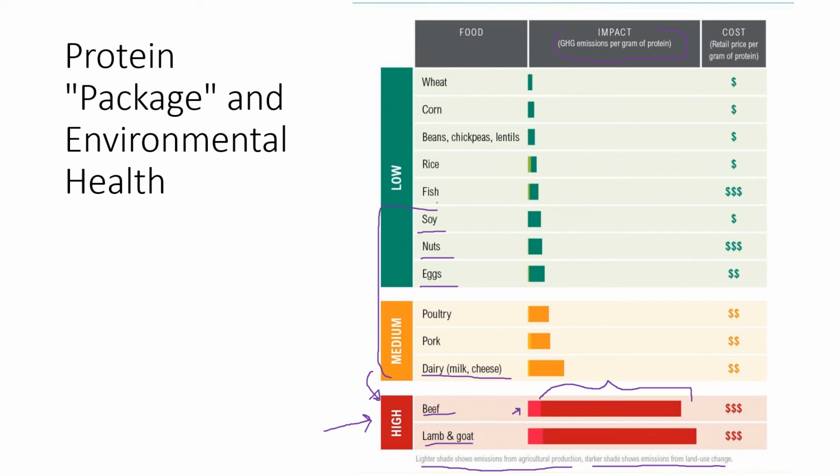And then up here we have fish, rice, beans, chickpeas, and lentils, corn and wheat, which are two grain foods, which are also relatively high in protein as far as grain foods go. So very interesting comparison in terms of total greenhouse gas emissions and contribution of our different protein foods to environmental changes.